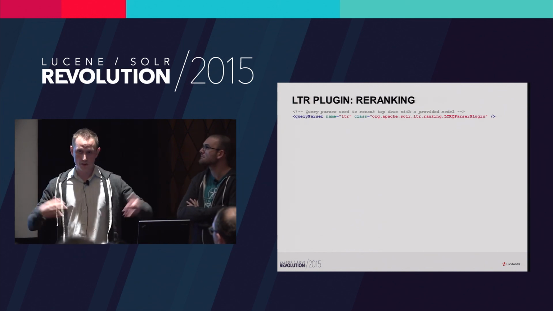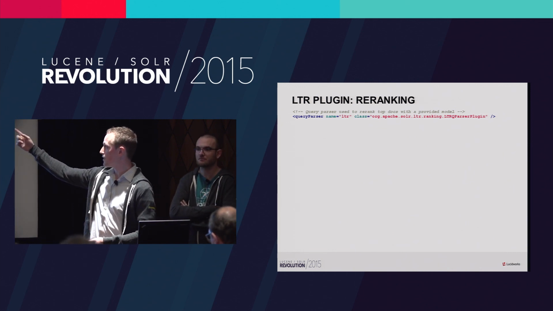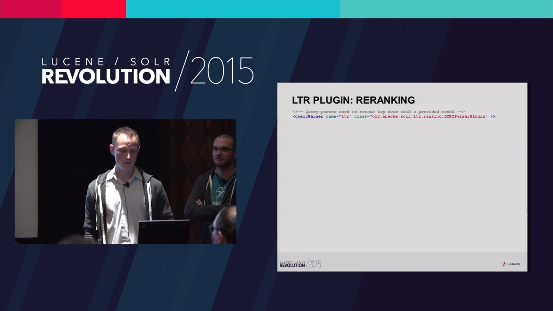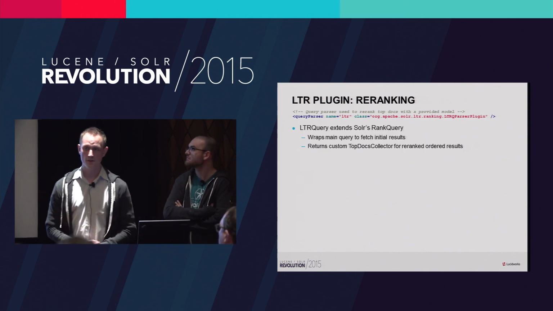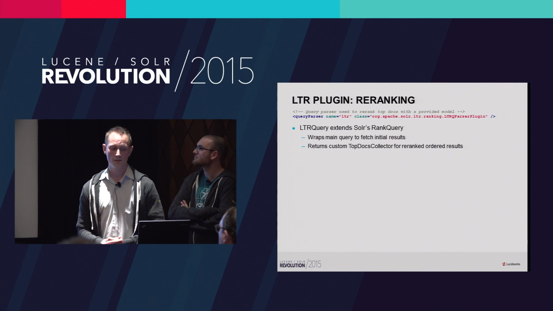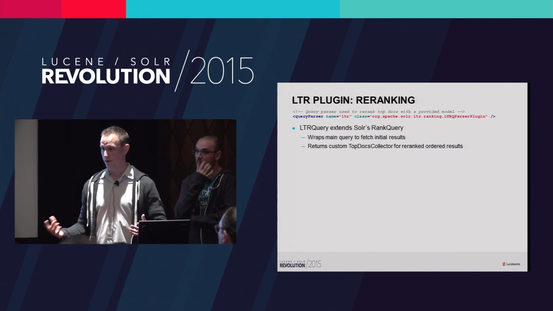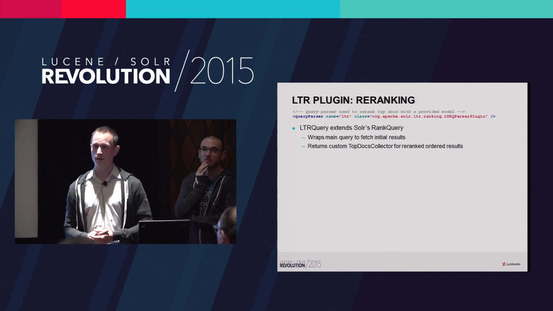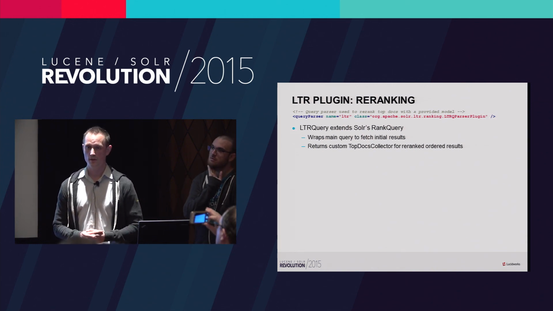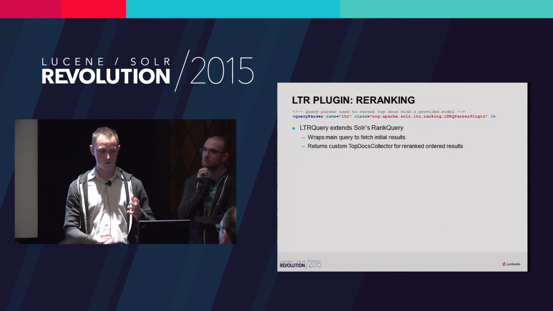So how do you actually use this? So the LTR query, you'd add this one line into your config. In this case, I've named it LTR, and it's referencing our LTR QParser plugin. And so this LTR query is actually a Solr rank query. And for those of you that don't know, the Solr rank query essentially wraps your regular Solr query and then gives you access to the documents that matched based off the regular Solr score.